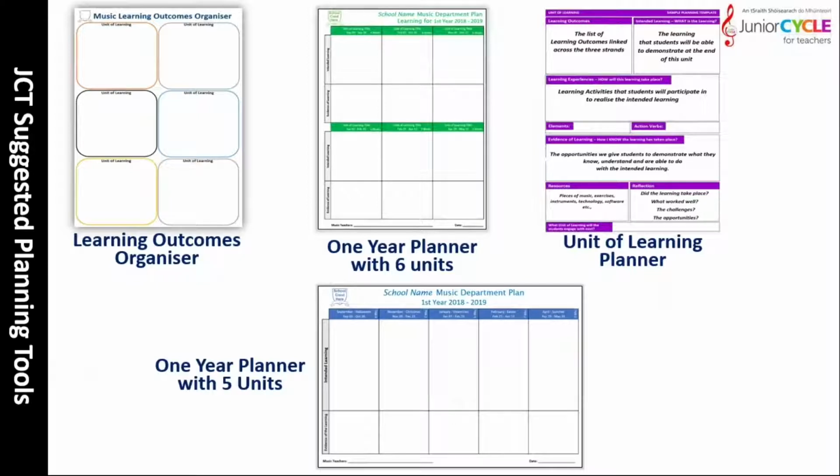The added blue template is for those of you who wish to plan through a 1-year, 5-unit planner. To reiterate, these will all be uploaded to the music section of our website in editable form so you can tweak and amend them to make it feel real for your own school context.